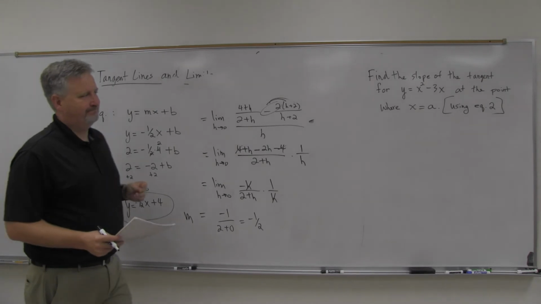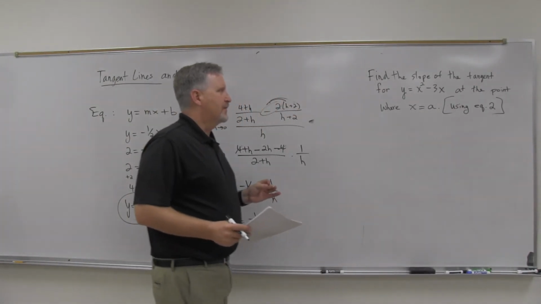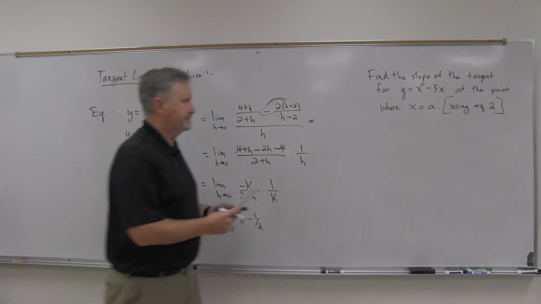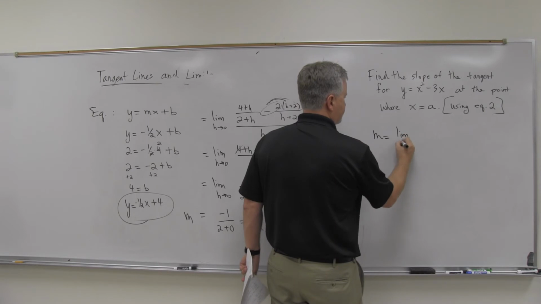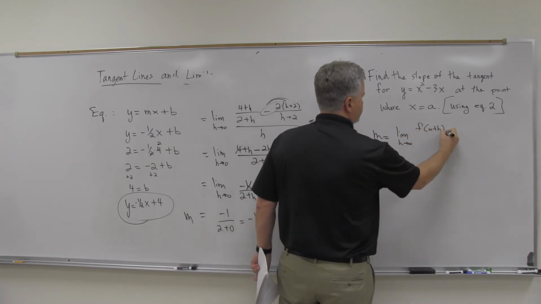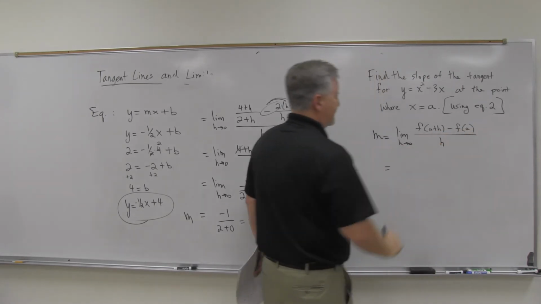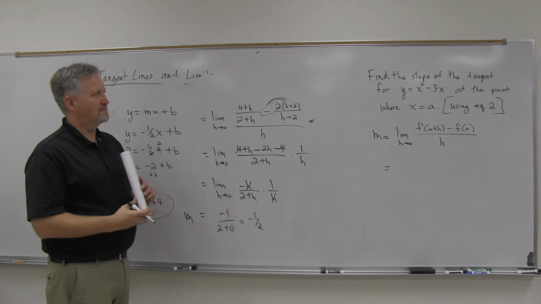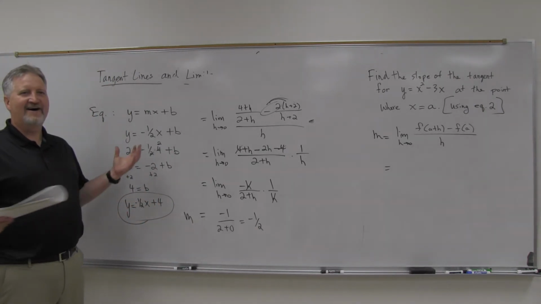All right, well, what have we got? Equation 2 is the slope of the tangent is the limit as h approaches 0 of f of a plus h minus f of a over h. Right, enough, maybe becomes second nature there. Theory anyway.